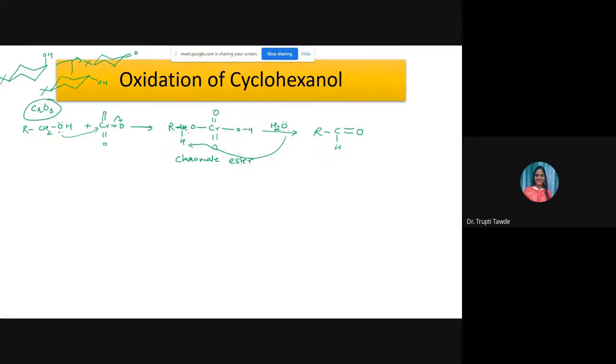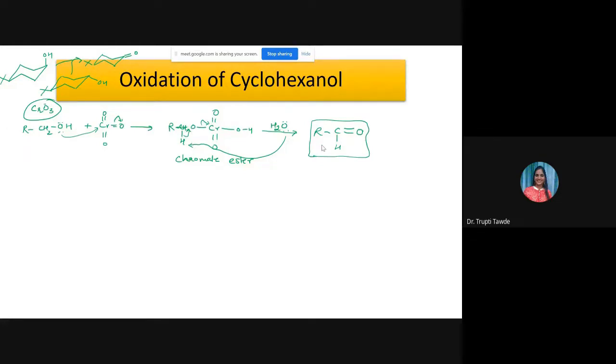As this proton is abstracted, it gives electrons between the carbon and oxygen, so a double bond forms and this will leave. Your chromate will be lost from here and I will end up with the formation of the aldehyde or ketone, depending on what type of reagent you have.